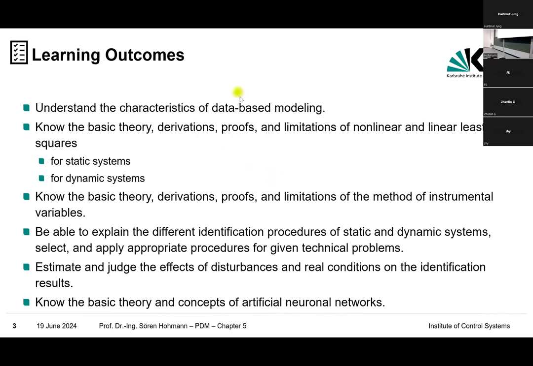So, what is our aim? We want to understand the characteristics of data-based modeling, basic theory, of course, behind it, for static and dynamic systems. We learn the most important method, the instrumental variables method, which is part of our lecture here.